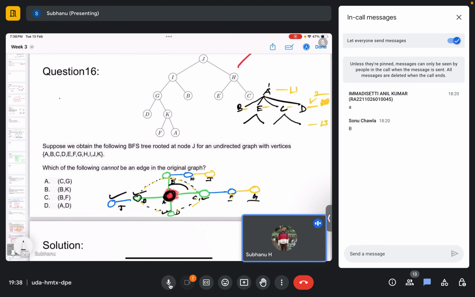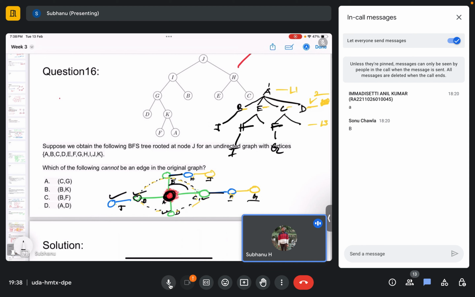So from E, where can you go? From E you can go to H, only H. From C you can go to F. From B you can go to J. From H you can go to I. From F you can go to G.